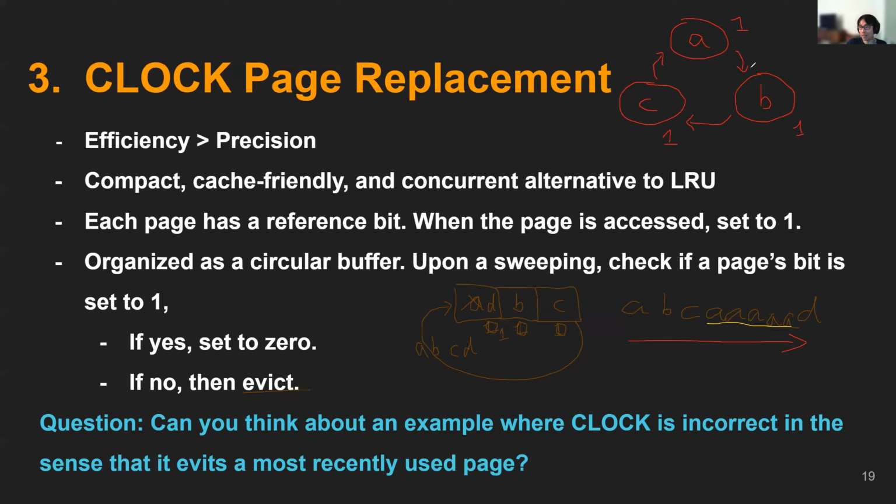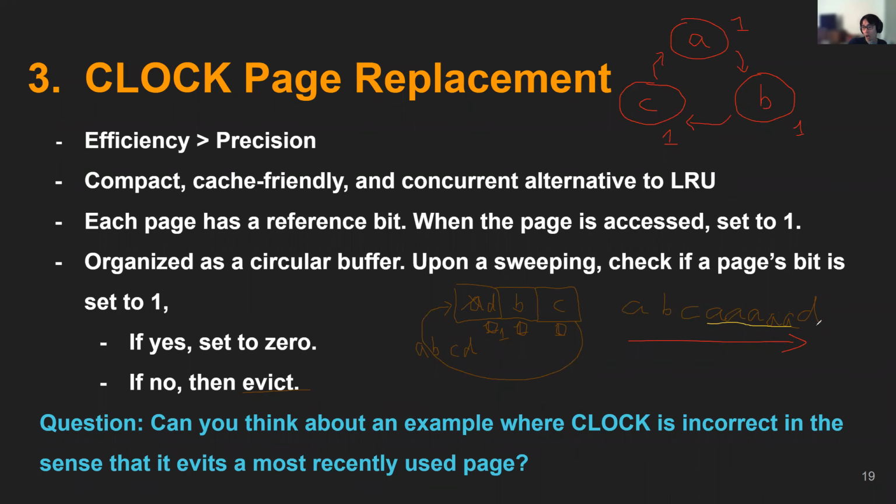And that actually filled up my memory. I don't have any free slots anymore. So the next A comes in, I go to here, I found it. So I still have 1 set. The same for all of those A's, I still keep 1 here because I'm using 1 bit. So it can only be 0 and 1. I can't change this to 2.